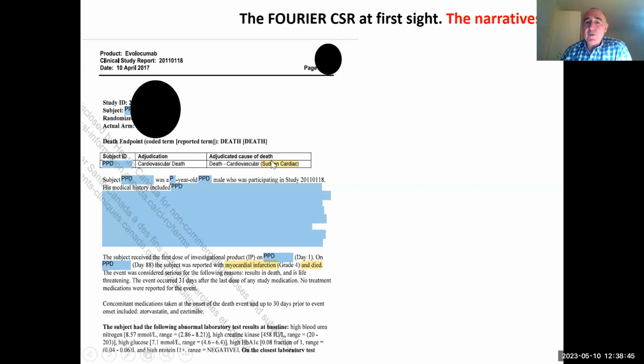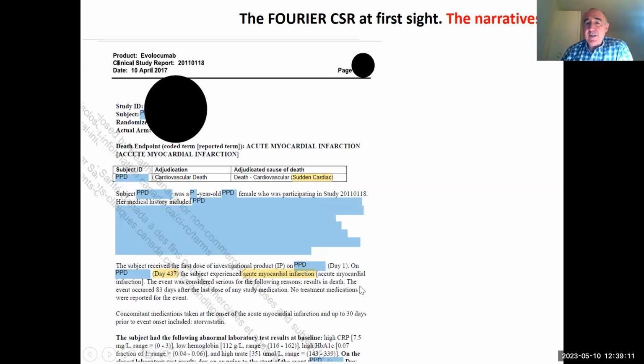But you can see highlighted in yellow that this patient on day 88 had a myocardial infarction and died. However, the official cause of death was sudden cardiac death. So we could see that this was a case of myocardial infarction death that was misreported as sudden cardiac death. And then you can see another case that is exactly the same situation: myocardial infarction misreported as sudden cardiac death.